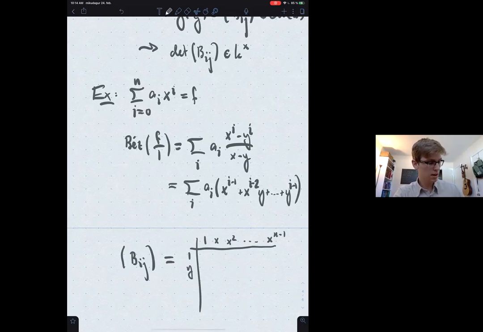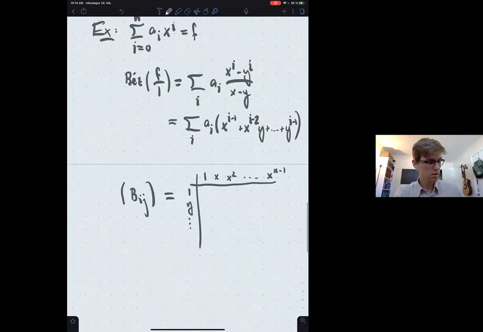And then down this side, I'm going to use y's just to help me distinguish. And then I can just fill in this matrix. My constant term is coming from the A1. And then I have A2, A3, all the way up to AN, and everything else is 0.